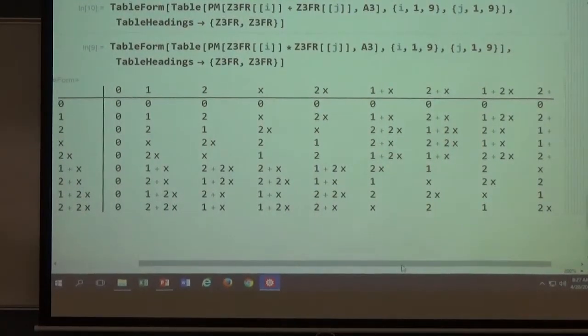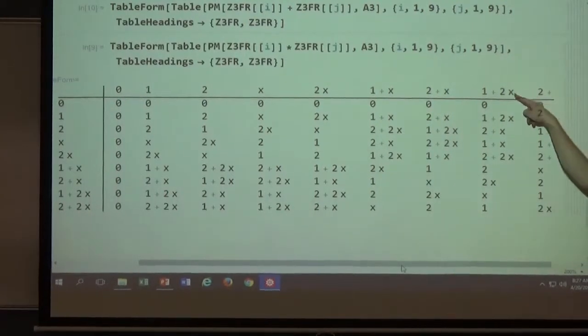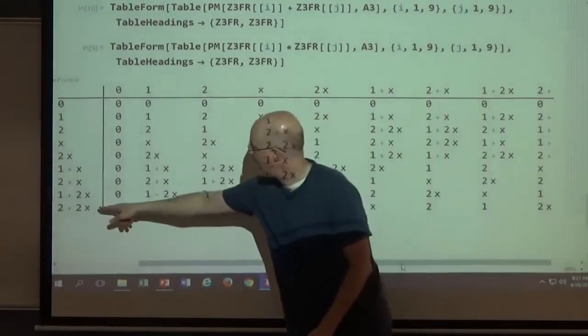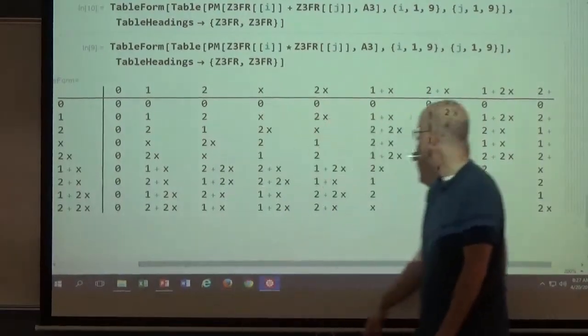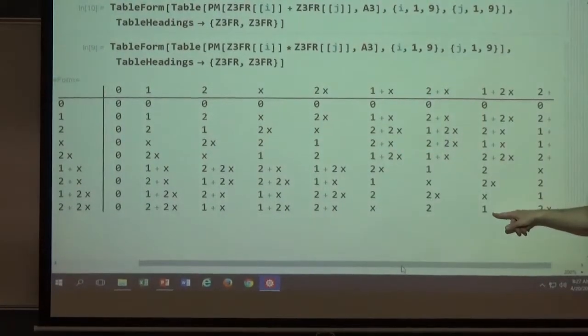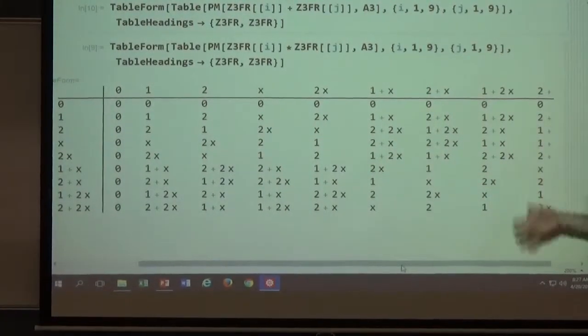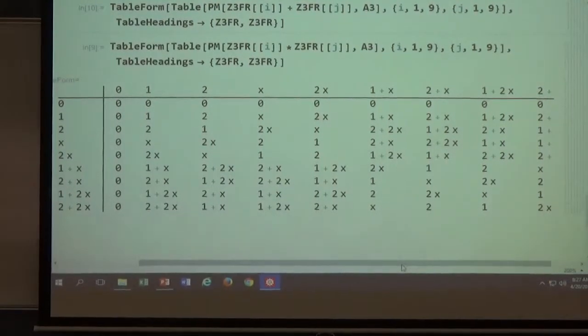According to the Cayley table, it's 2 plus 2x. (1 plus 2x plus A) times (2 plus 2x plus A) gives you 1 plus A. Again, you don't see plus A's in there because that's not something Mathematica knows about, and it would be a pain to put it in there. Not necessary, we're working with coset representatives. Let's confirm that by hand.